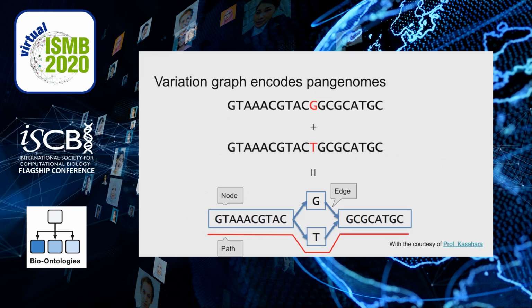In this graph, a node is a subsequence of a nucleotide sequence, and the edge shows the adjacency between nodes. And a path is a list of nodes, which is used to show a haplotype or chromosome of genomes.